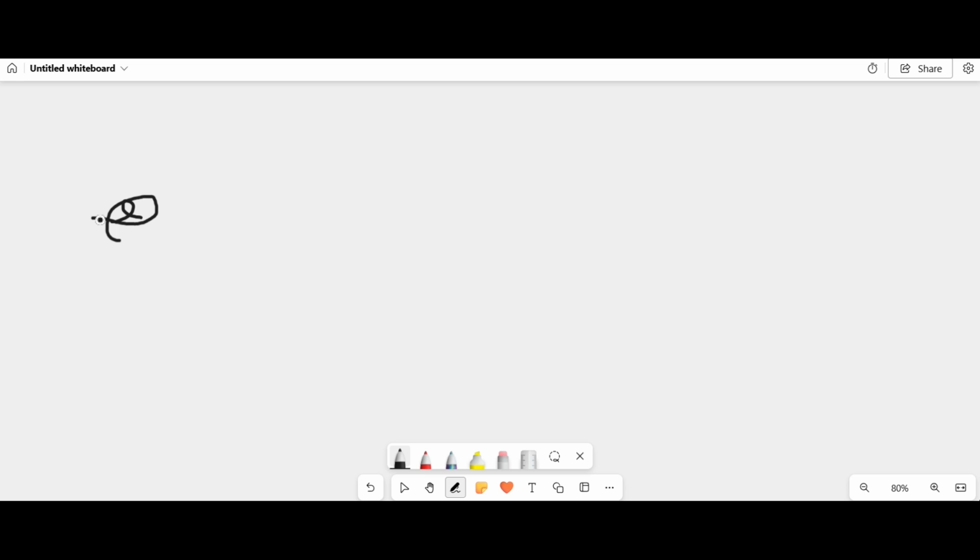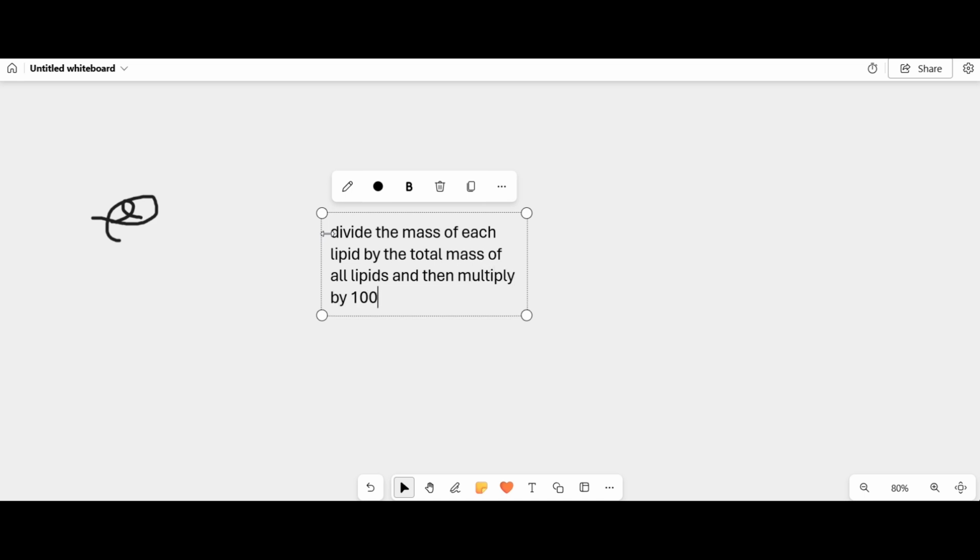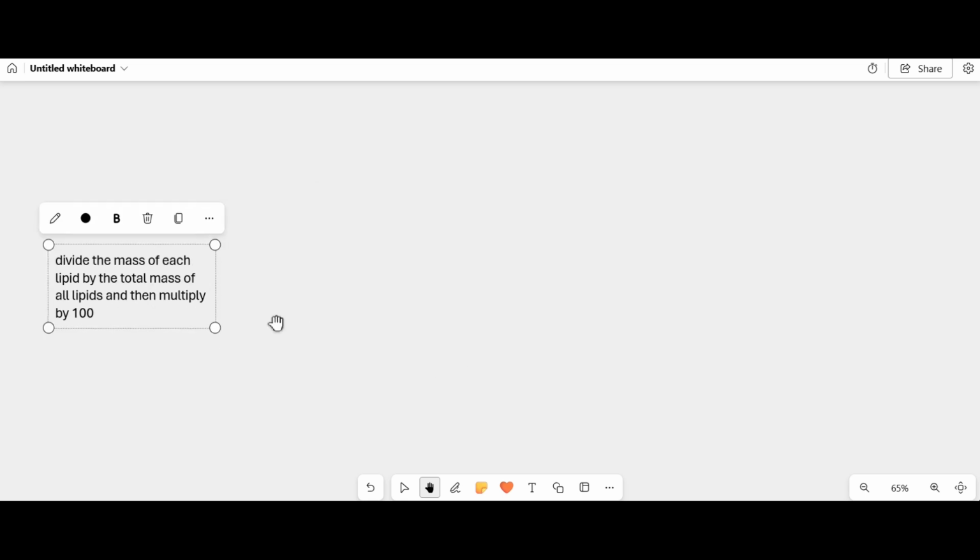You're trying to see what percent one lipid is compared to the whole, so you're just gonna divide. That's E.